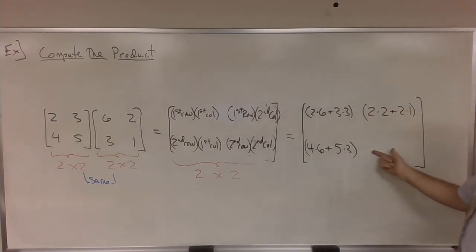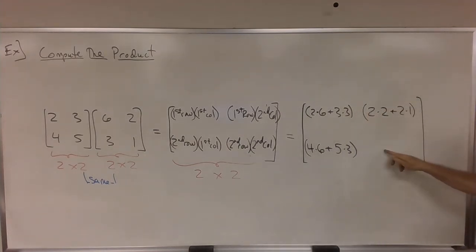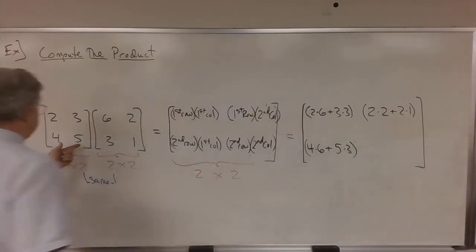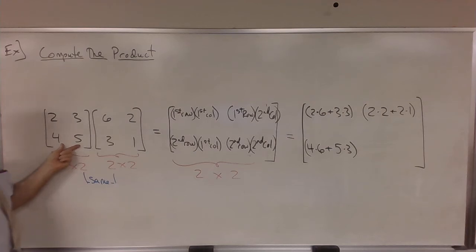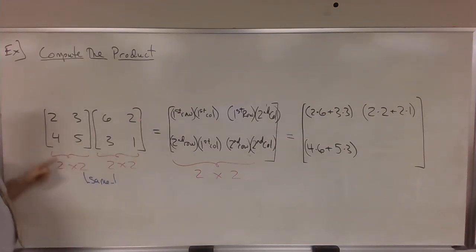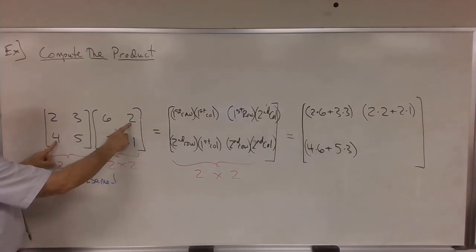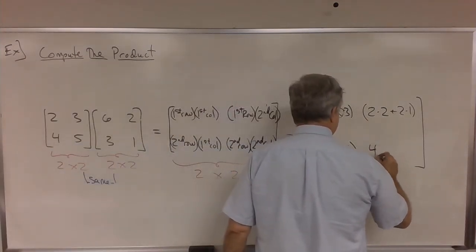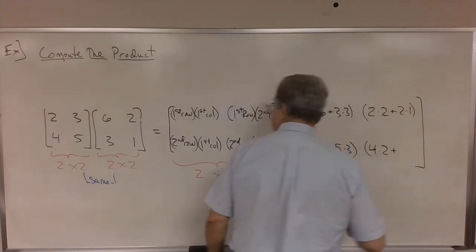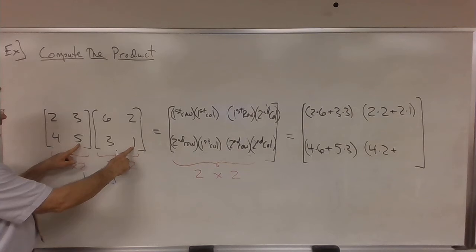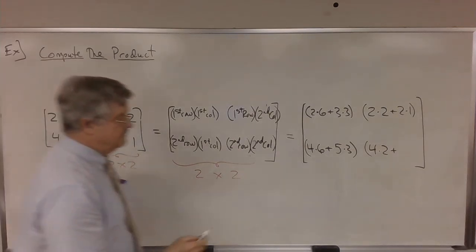We have one more entry. Second row, second column. It's the product of the second row of the first matrix times the second column of the second. We take first element times first element, 4 times 2, plus second element times second element, 5 times 1.